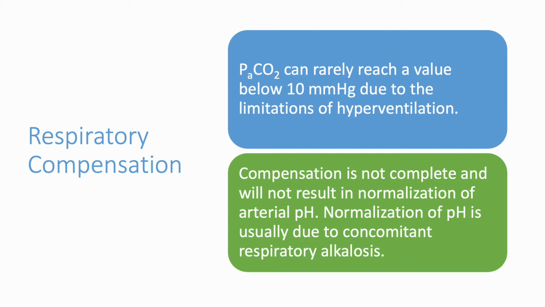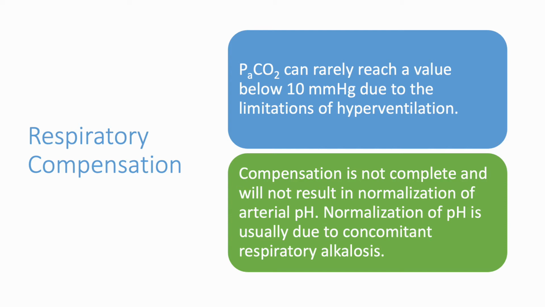The last 2 methods are not very accurate, especially at the extremes of pH. Now, you have to keep in mind that when you have metabolic acidosis, the PaCO2 is low because the patient is hyperventilating. But there's a limit to that. You cannot get below 10. The patient cannot blow off so much CO2. Now, compensation is not complete.